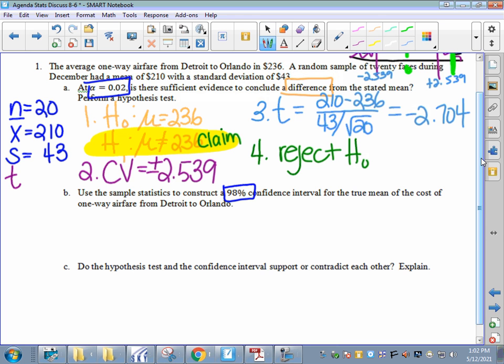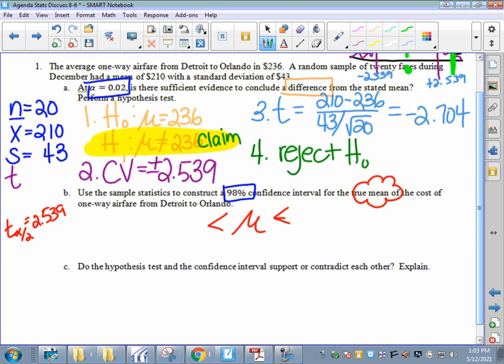Here's the really nice thing about this. When we're making the confidence interval for the true mean, it tells you what goes in the middle, right? Mu goes in the middle. We already have everything up above. So that critical value that we found in step 2 is our t of alpha over 2. It's always the same because we're using the same alpha or the same confidence interval.